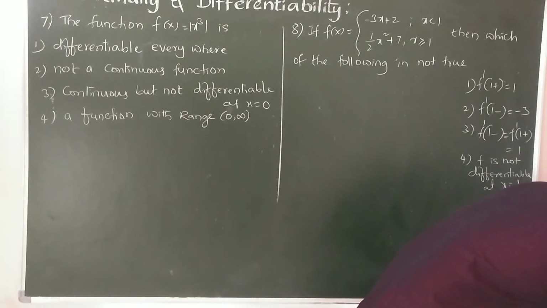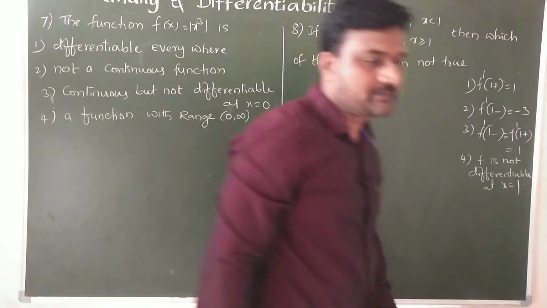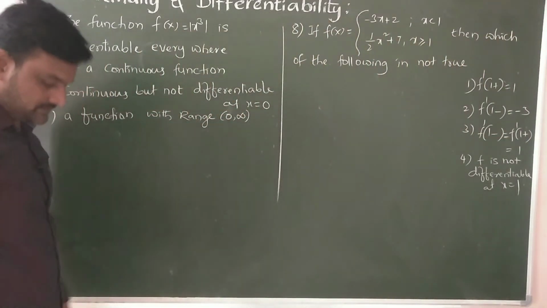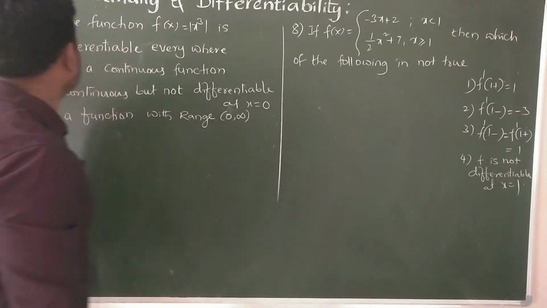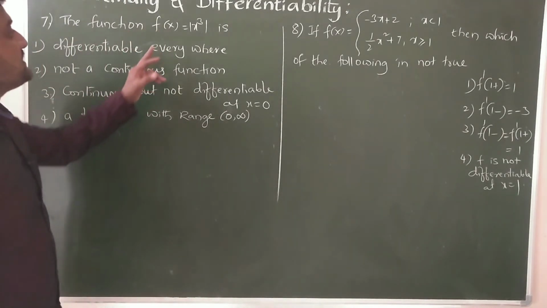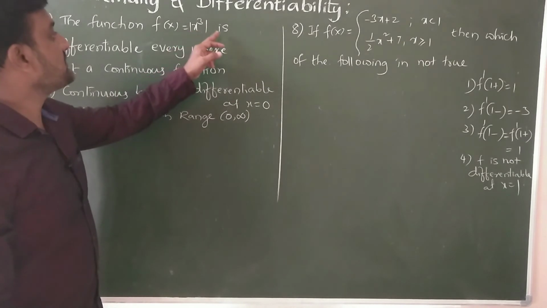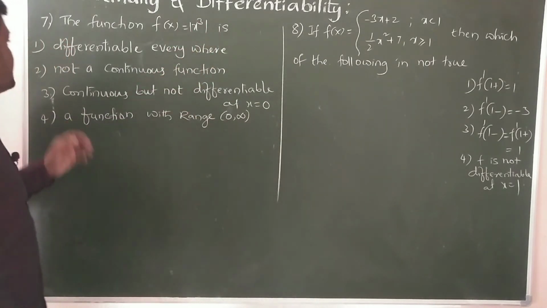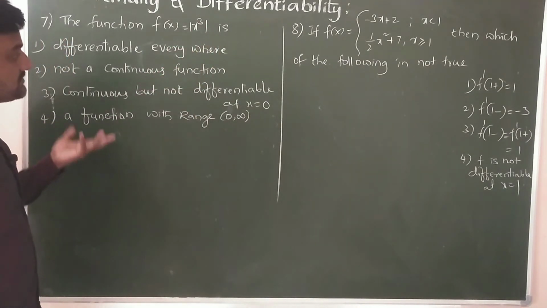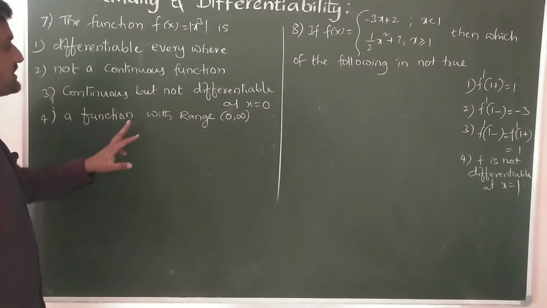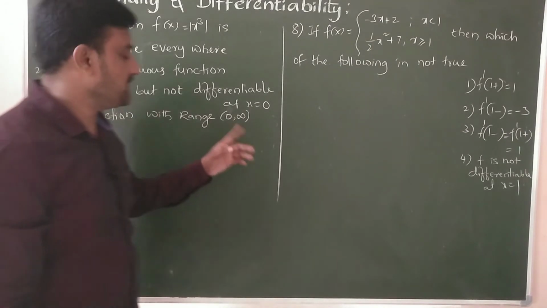Answer is differentiable everywhere. Okay, let us go with the next problem. The function f of x equals modulus of x cube is differentiable, not continuous, but not differentiable, a function with the range 0 comma infinity.